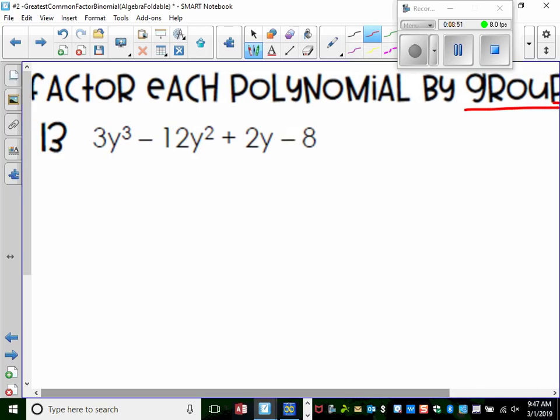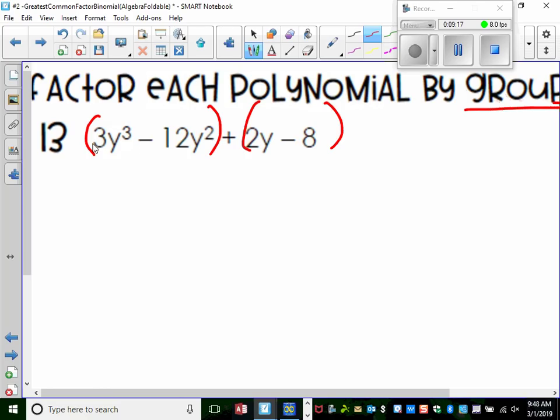It's just not trying to see what all the numbers can be divided by, because in this case, there's a grouping method where you group the first two numbers and you group the last two numbers. So grouping means you're going to be using parentheses like this. So just group the first two together, group the last two together, just like that. Okay, that's why it's called grouping.